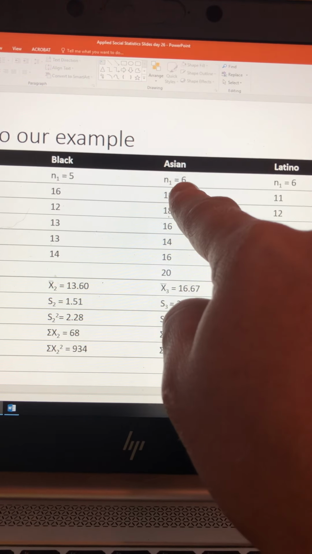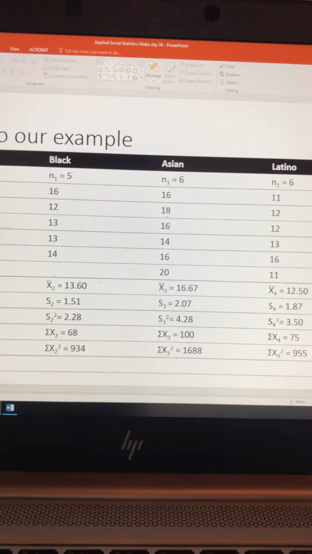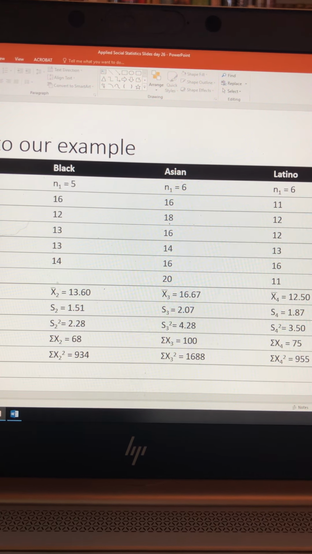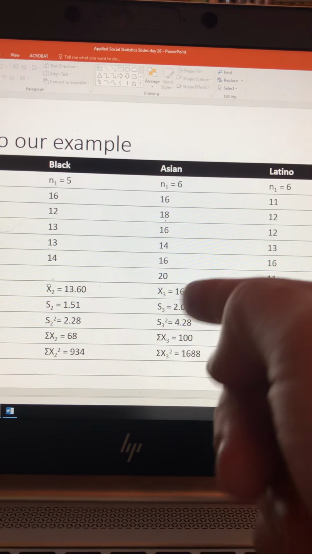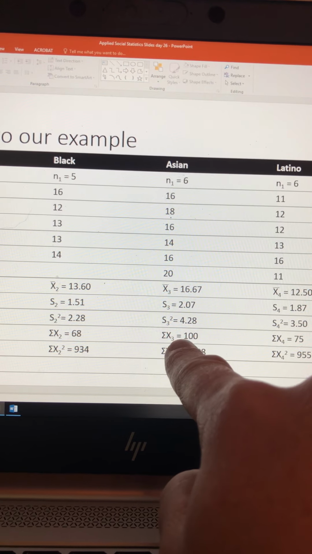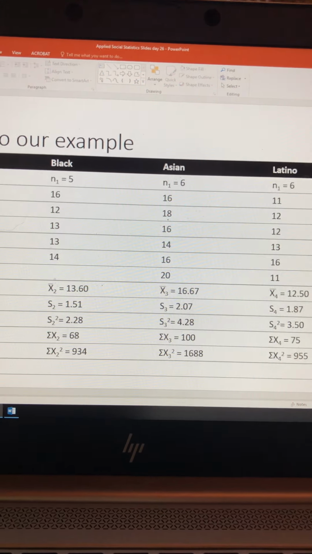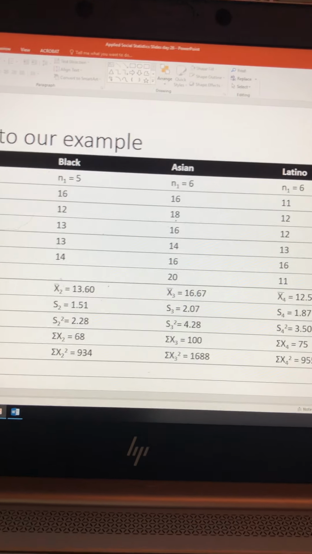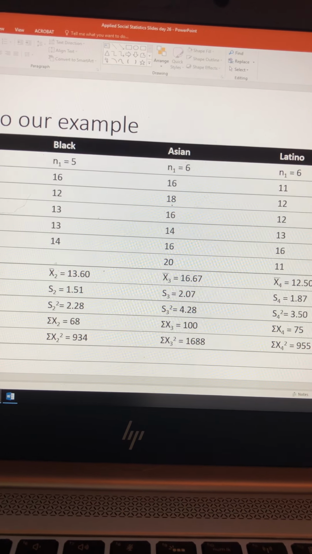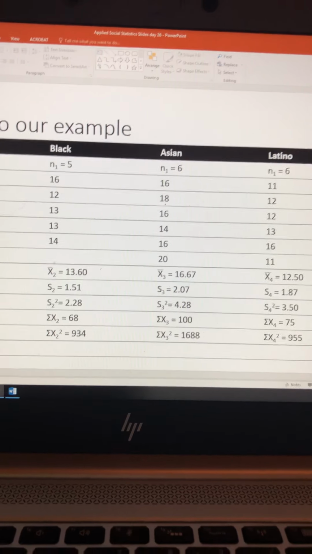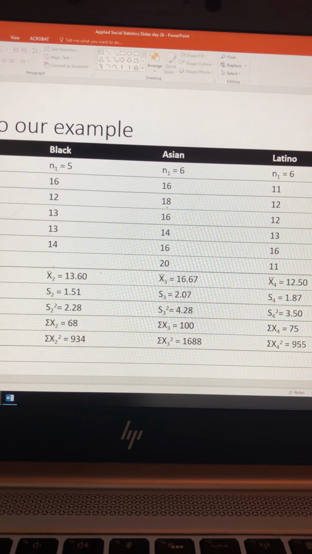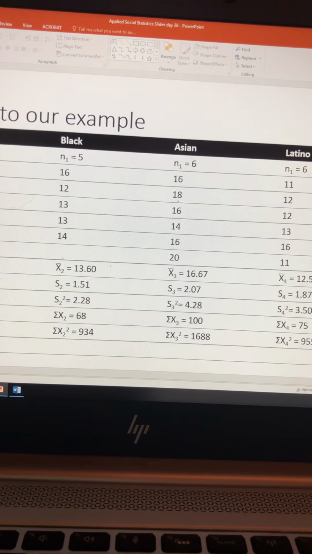So across these 6 people, there's 100 years of education, okay? And you would have had to know that to calculate the mean, because you add them all up and divide by 6, and 100 divided by 6 is 16 and 2/3, 16.67. Okay, so that's just the sum of all the values.